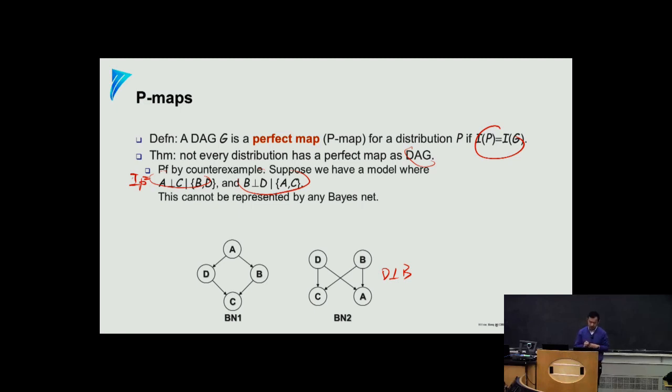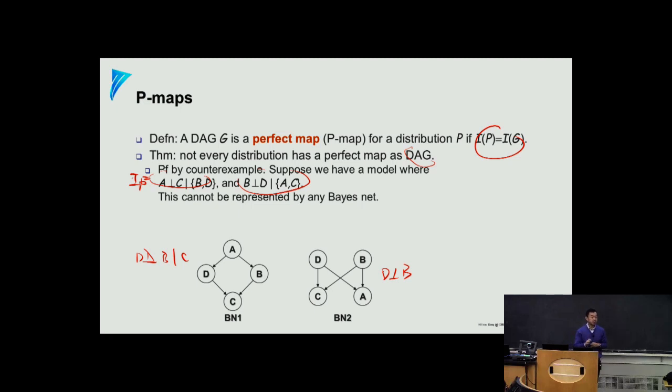Yeah, and there is even more that you can discover. For example, in here you may find that after all, D is not independent of B given C. It's a kind of strange independence property that is not honored in here either, right? So you can try. I'm not going to enumerate all that.